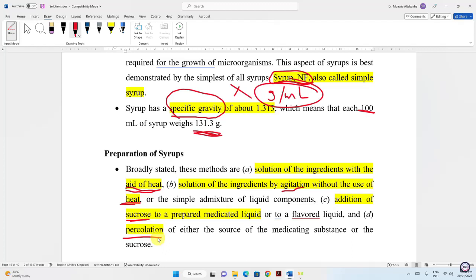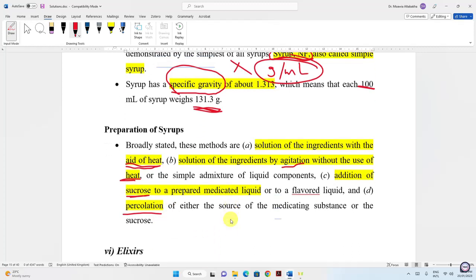Another way is percolation. Percolation is like soaking, like when you extract something. So you soak it. Either you have sucrose in the percolator and a liquid containing the medicine.